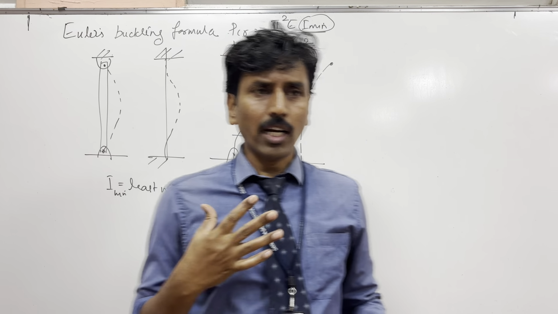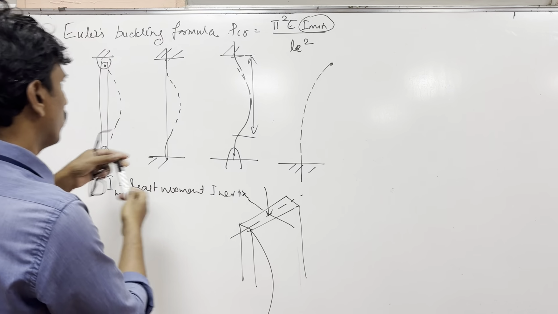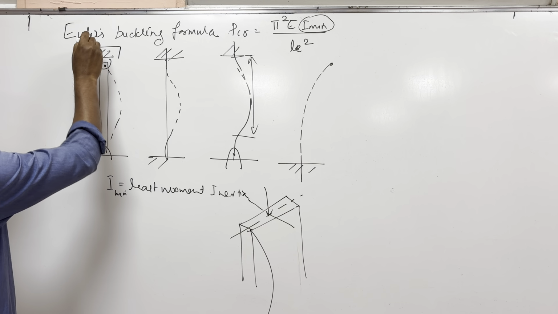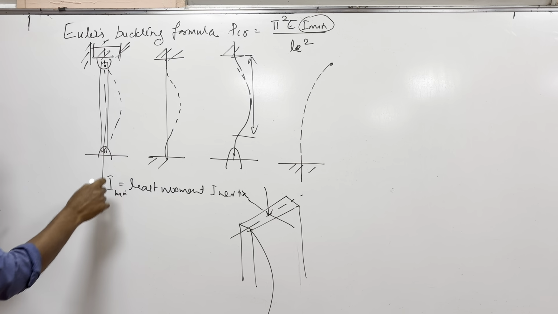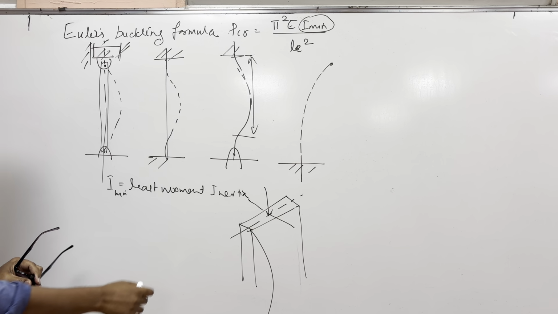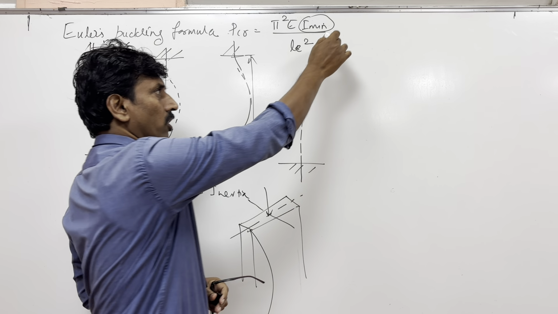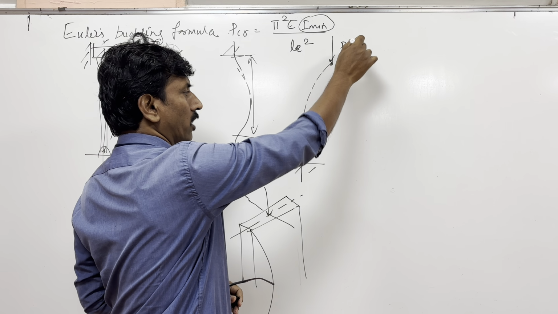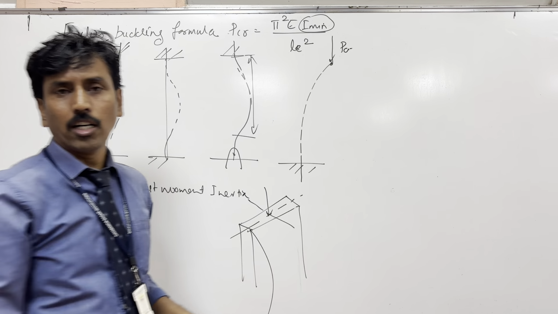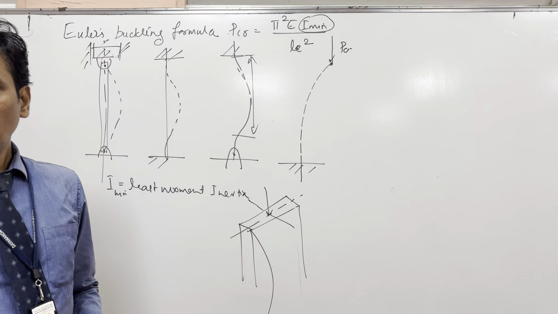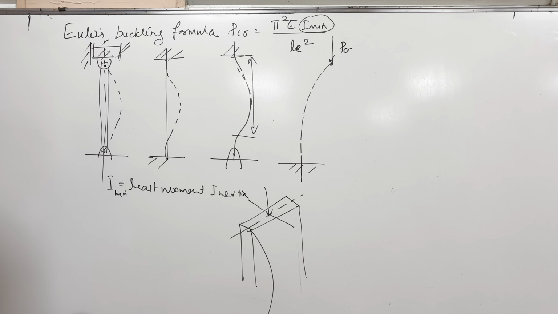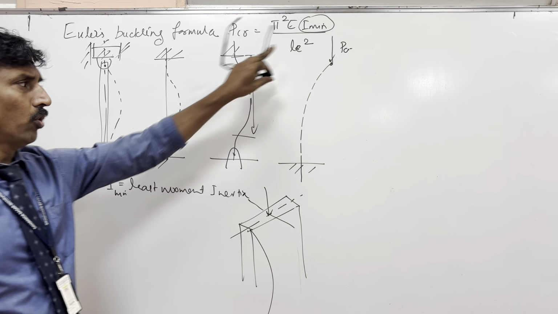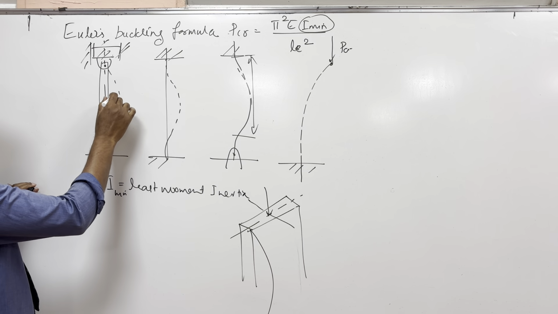I feel I can stand because this will not allow it to move sidewards. It is bound and will maintain the axis. In all the cases, it will maintain the axis. Only in this case the axis doesn't get maintained, because it is free at one end and starts moving to the other side.